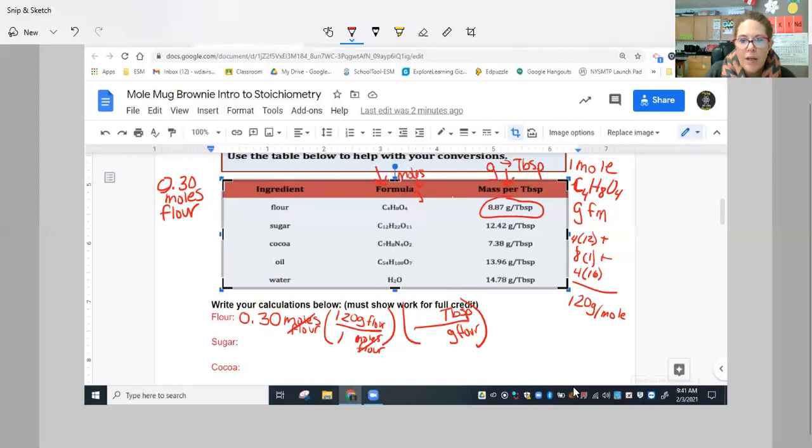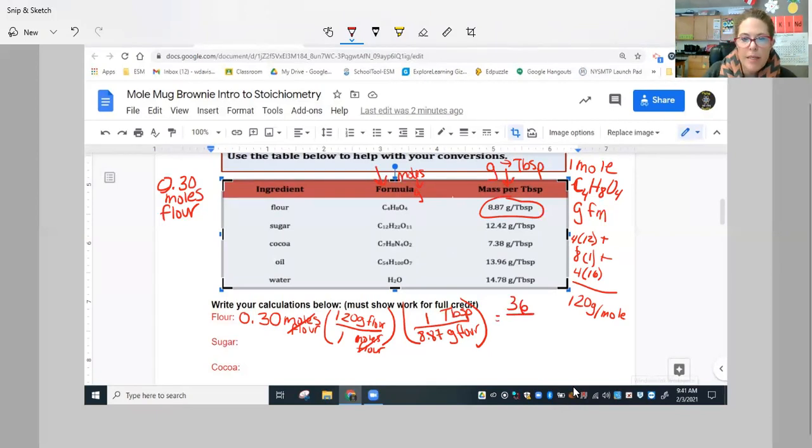Now I know that 1 tablespoon is equal to 8.87 grams. How do I do this math-wise? Everything across the numerator is multiplied. So 0.3 times 120 is equal to 36.